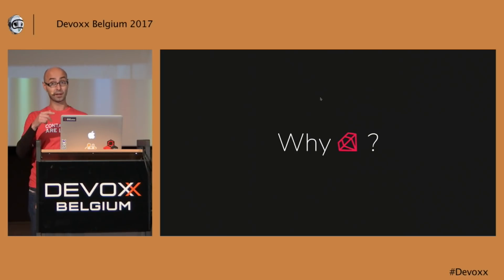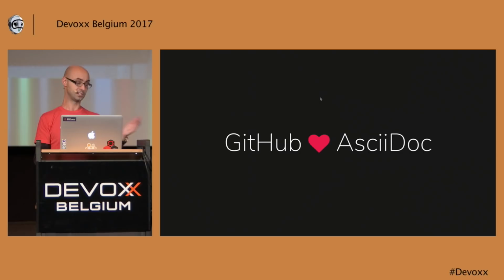And then Dan Allen was investigating some of these markup languages, and he saw that GitHub was doing this, so he started pushing hard on the Ruby implementation. So this is why it's in Ruby, because GitHub started in Ruby.